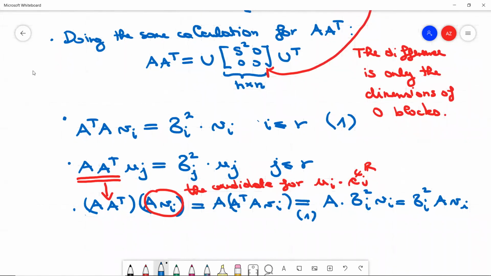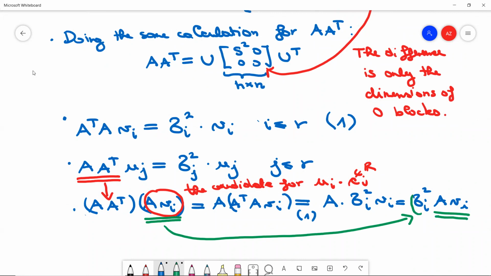So we computed the product of A transpose with the vector AVi, and what we got was the same vector AVi multiplied by some constant, and this constant is exactly the eigenvalue sigma I squared.